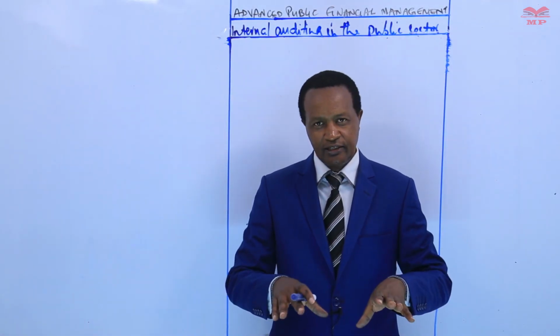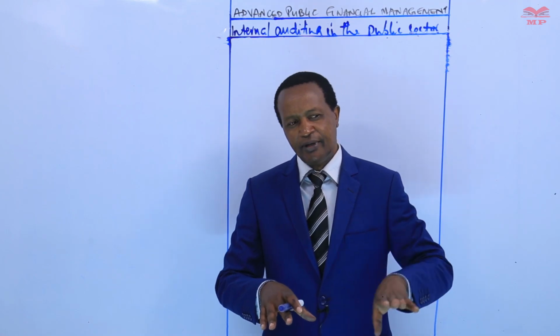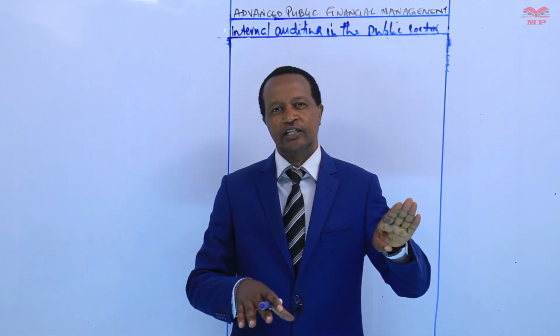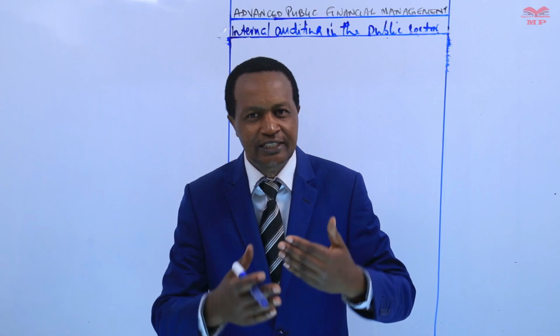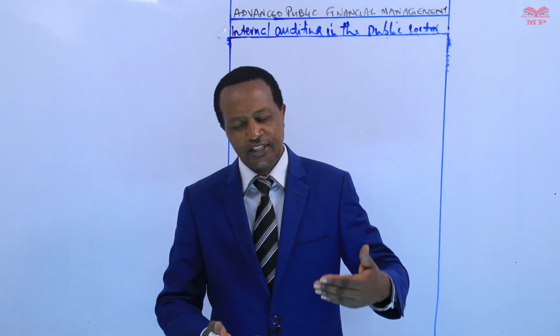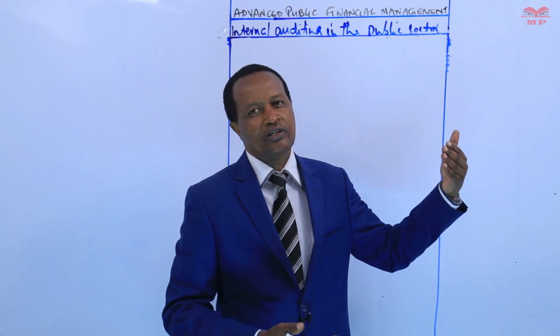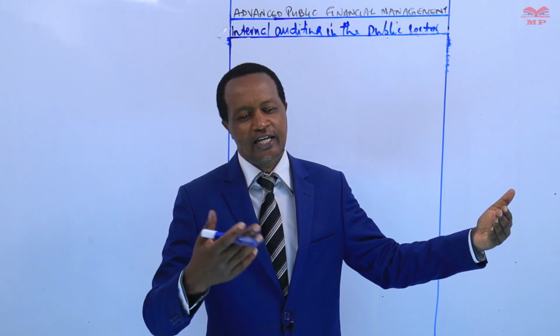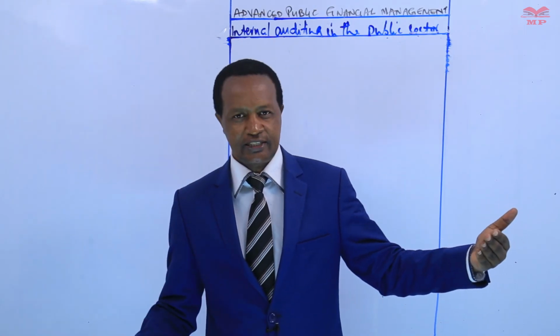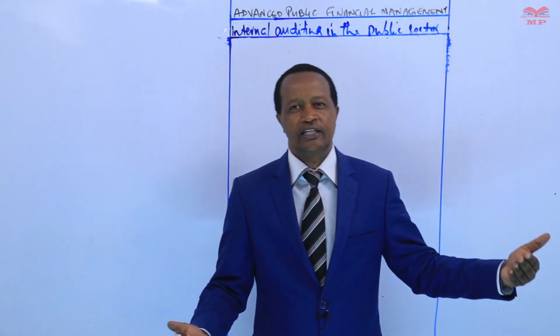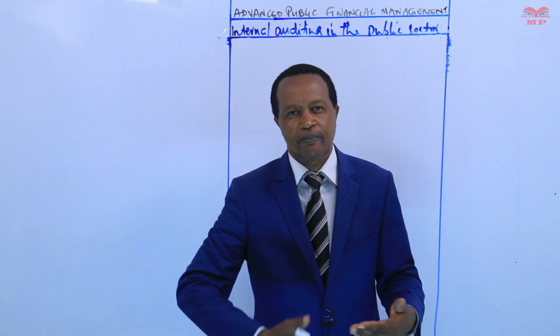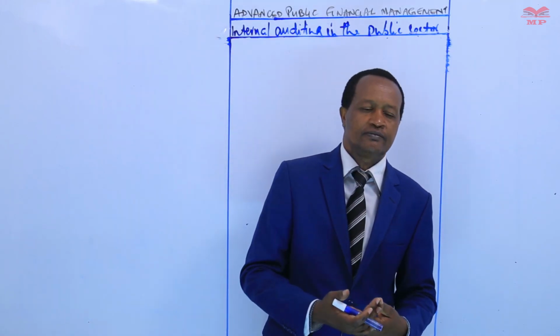So here I'm saying that the primary objective of the internal audit function in the public sector is to assist accounting officers and the AIE holders in effectively discharging their responsibilities.